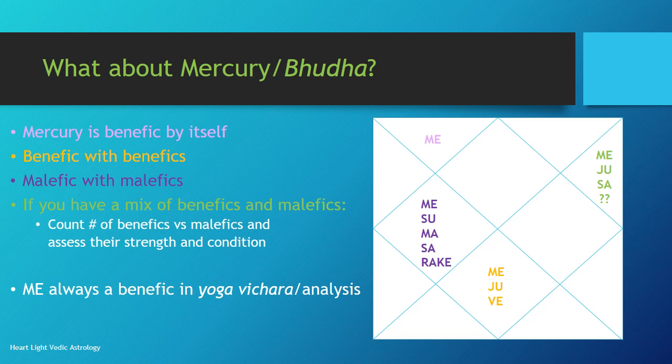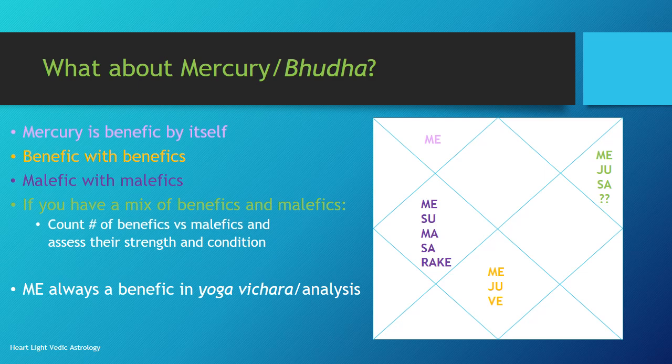The thing though is that if Mercury is conjoined with, associated with, or in the same house as other benefics, it becomes even more benefic. If, however, Mercury is with malefic planets, it will become malefic. Again, in this chart, Mercury by itself, the lavender color, would be considered benefic.